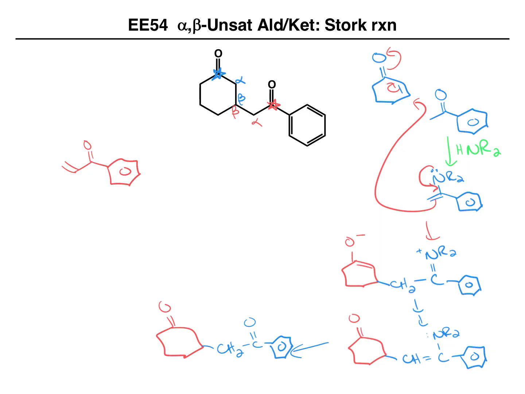So whenever you have a target, you need to look at it and try to think about, well, can we go the red approach? And if that doesn't work, can we do the blue approach? Trying to think about what you want to happen, what actually would happen, and whether that brings you to your target or whether you need a different approach. So here we've seen a few examples then of the Stork reaction.